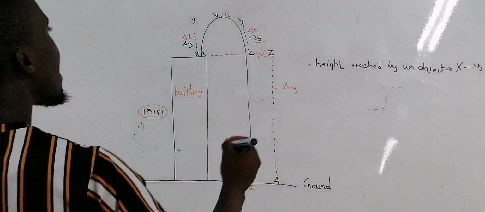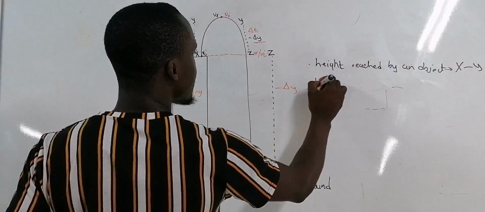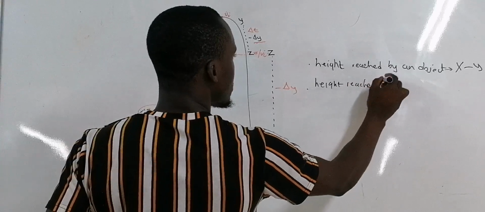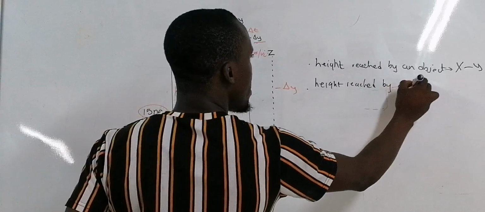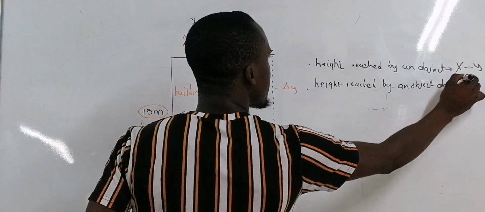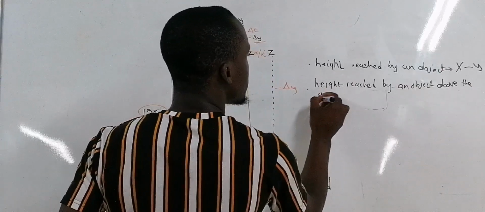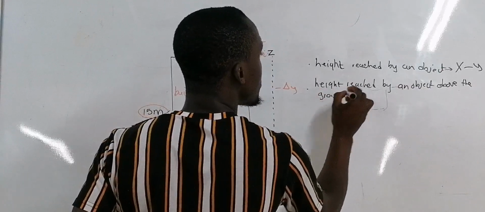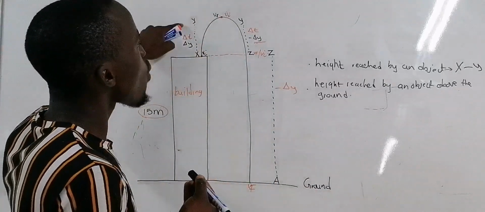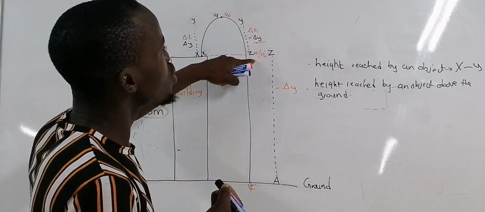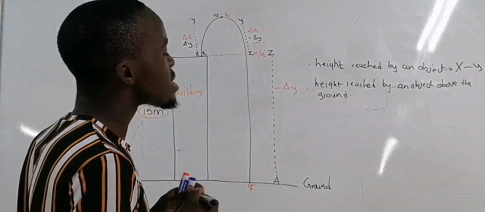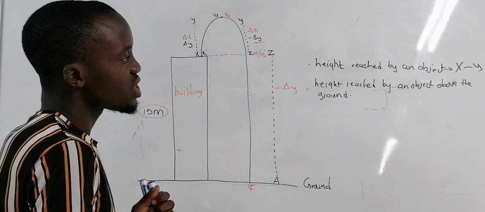But when they ask you to calculate the height reached by an object above the ground, you must know these two. The height reached by an object is point X to Y or point Y to X, but you know that they are of different signs or different directions.